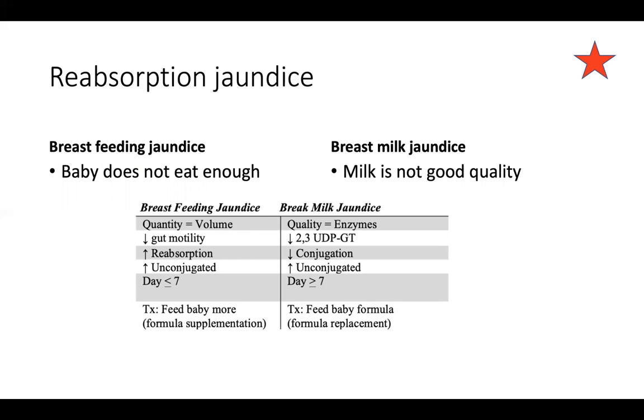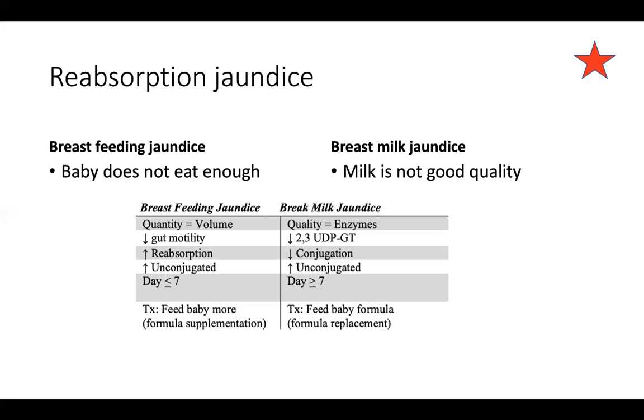So there's not enough gut motility with breastfeeding. It's a greater reabsorption, and it's the unconjugated form again. So basically just feed baby more, either more breastfeeding, or you can supplement with formula as well.